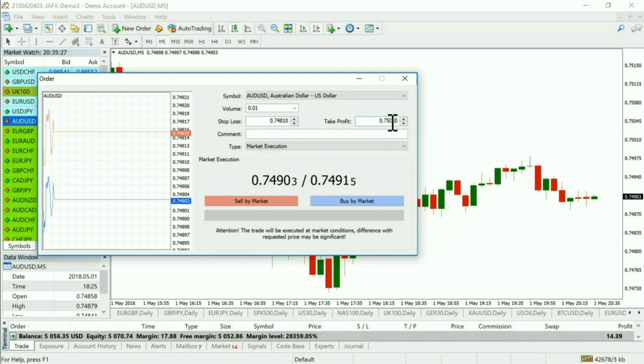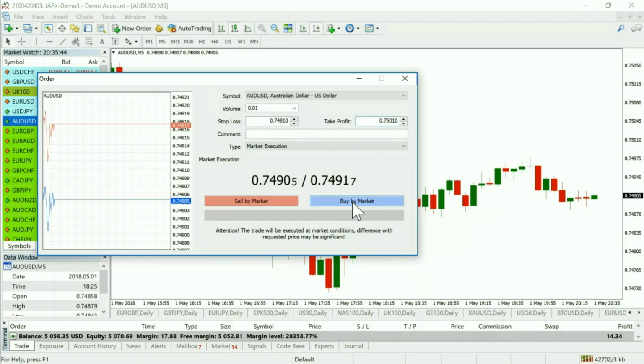So the 75.01 level would be 10 pips above the current price. So what we're actually doing with this one is placing 3 different orders: a market execution order with a stop loss order and a take profit order as well.